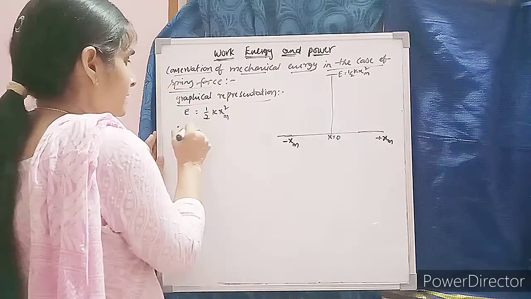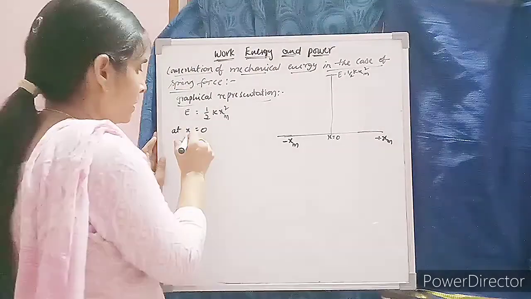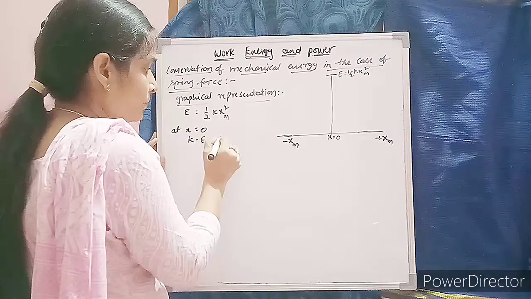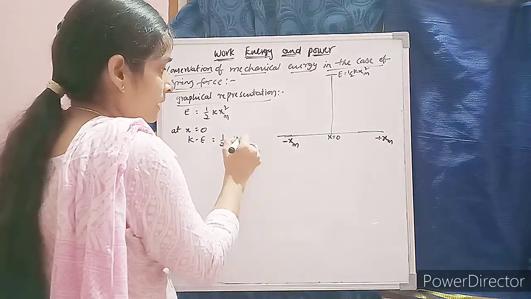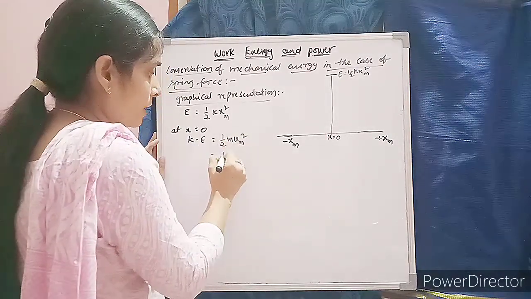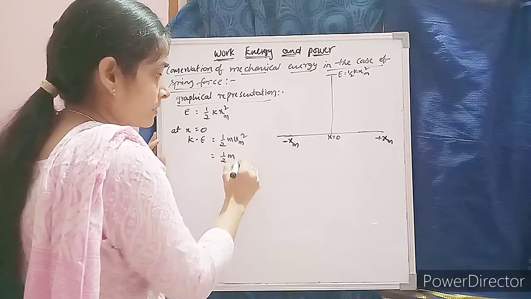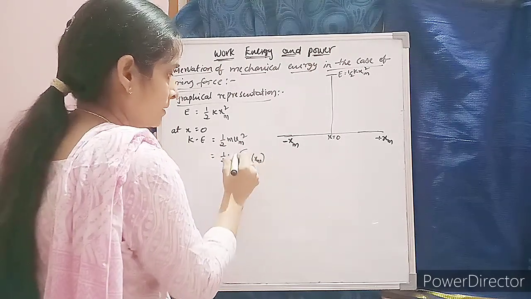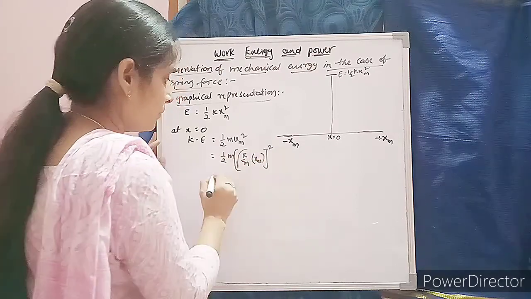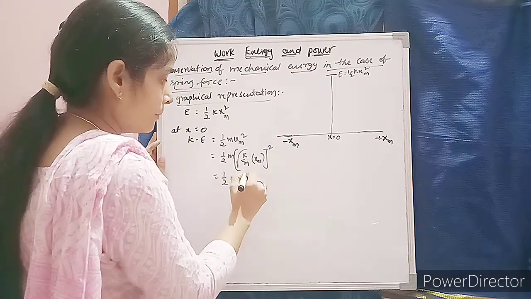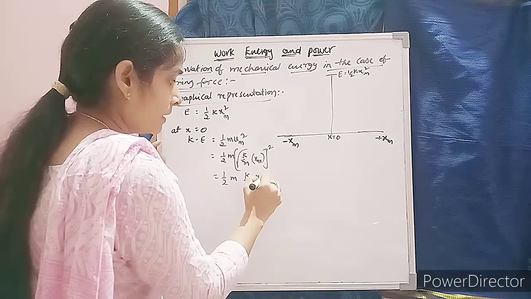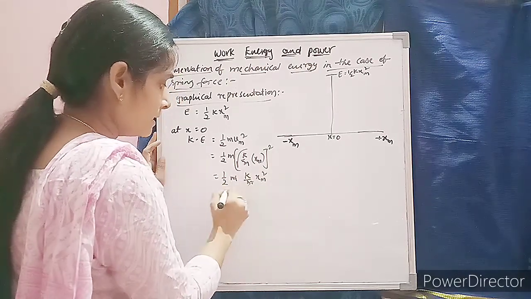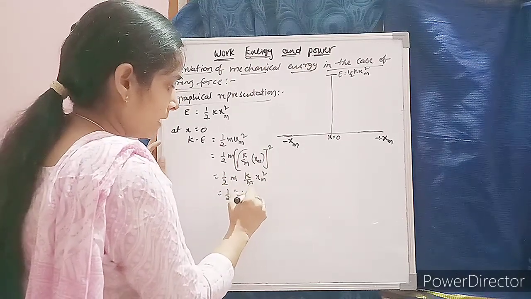Now at x is equal to 0 we have kinetic energy maximum, which is equal to half into m Vm square. We have the formula that Vm is square root of k by m into xm. From this, half into m into k by m xm square, cancel, then half into k xm square.